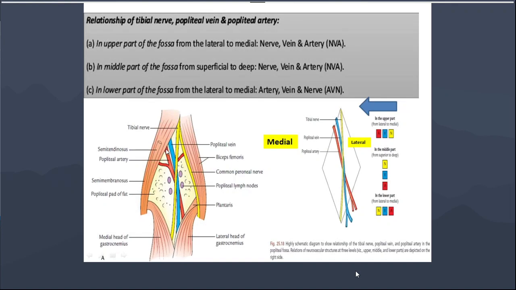I will tell you later on. So see, the femoral artery when it continues into the popliteal fossa.